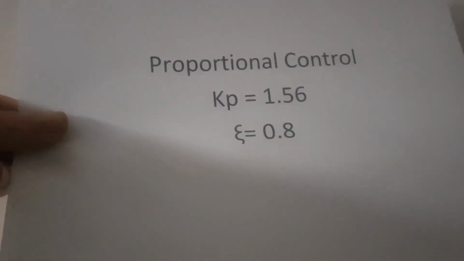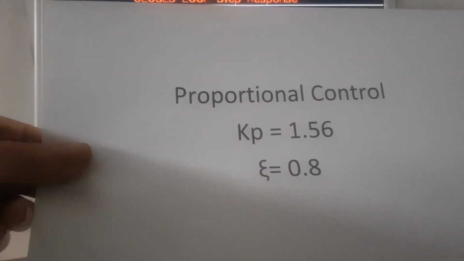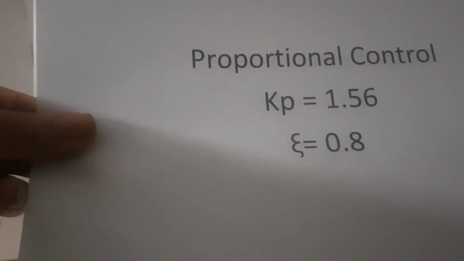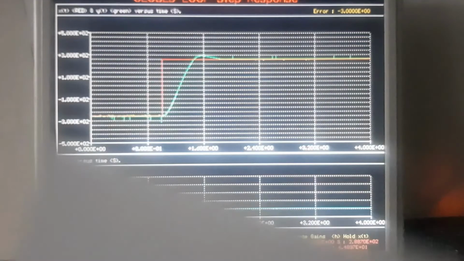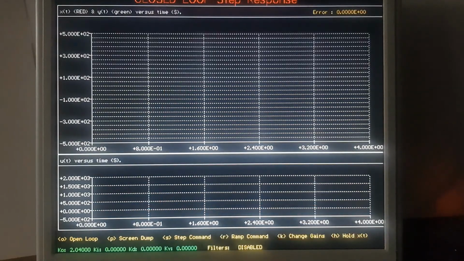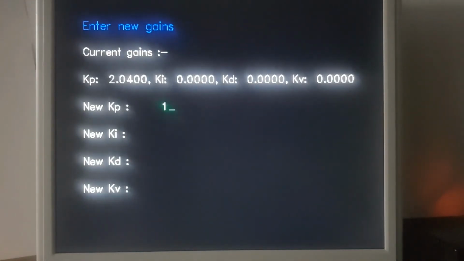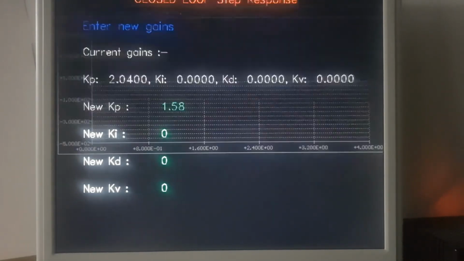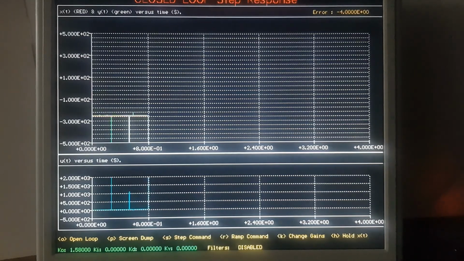So it's going to be Kp is 1.58, then 0, 0, 0. Okay, so this is a damping of 0.8, and that's the response with damping of 0.8.